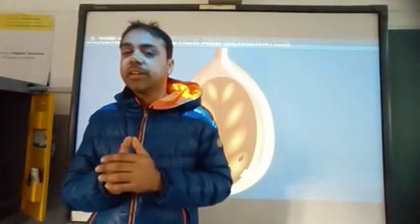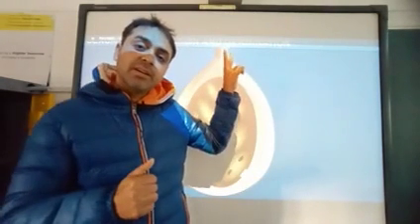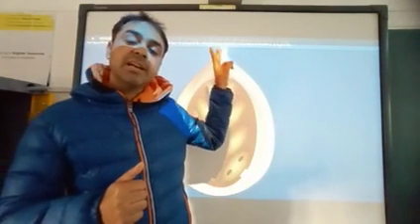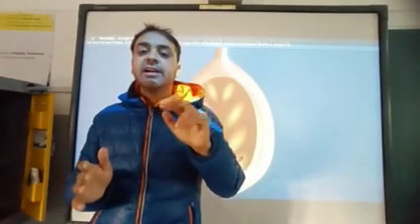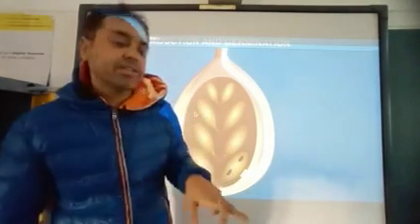So there are two male gametes from the anther that will fuse with the two nuclei of the ovule. That is, one is the egg cell, second is the central cell. Okay, so since there are two places where the fertilization takes place, it is called double fertilization.